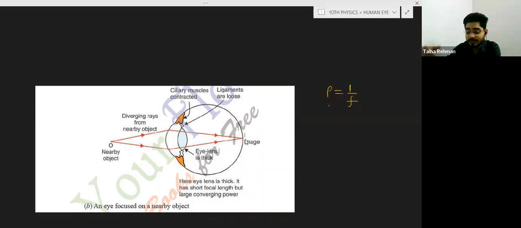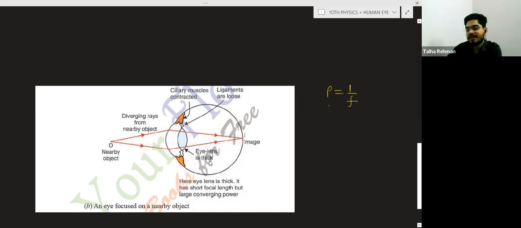But when the object is nearby, the power required to converge the diverging rays from the nearby object is large. So power is large, so ciliary muscles will be contracted. When the ciliary muscles are contracted, the eye lens becomes thick.